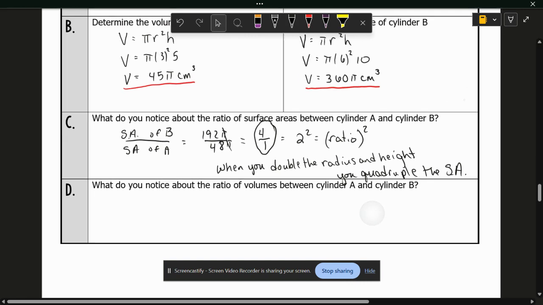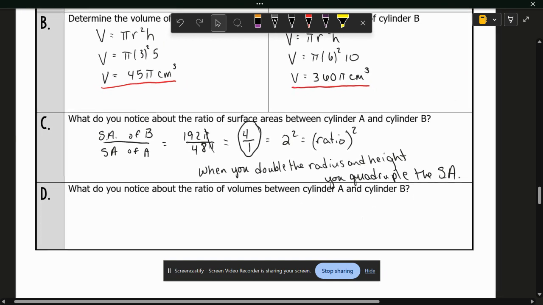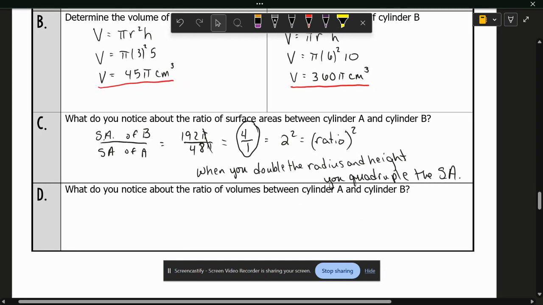Now take a look at the volume even. When you double it, you think, okay, I double the height, I double the radius. I should just double the volume.